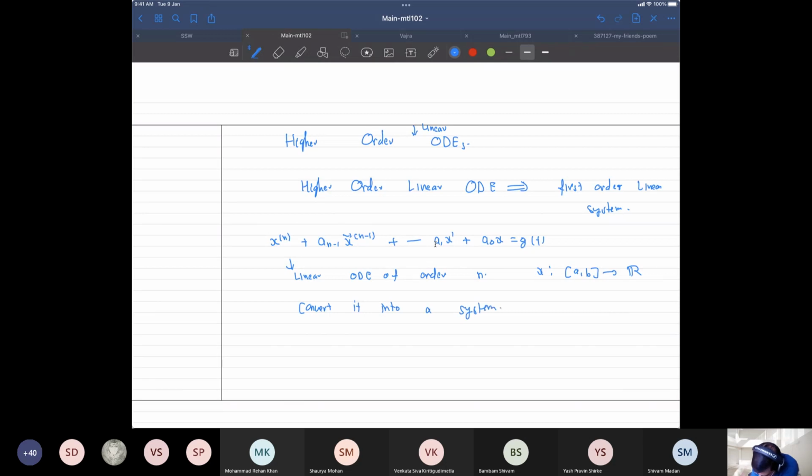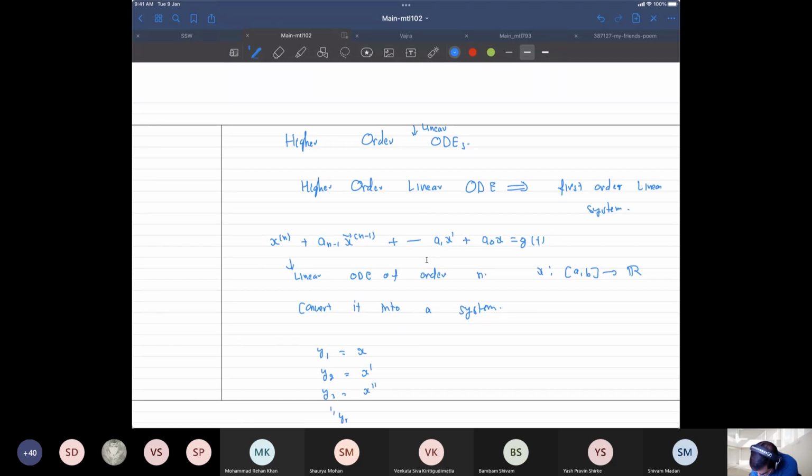How would you do that? You basically start by defining new vector components. So you basically say that y1 is equal to x, and y2 will be basically x prime, y3 will be basically x double prime, and so on and so forth.